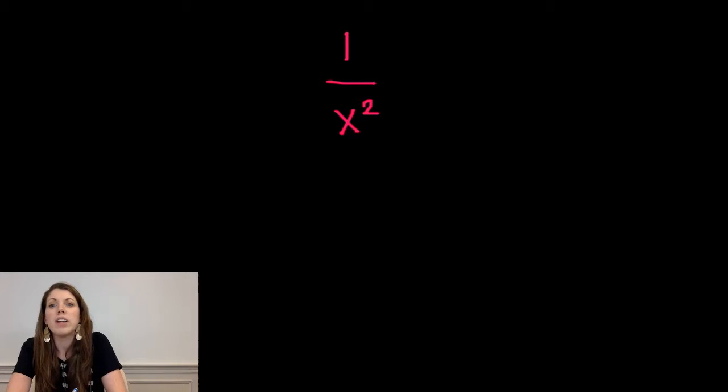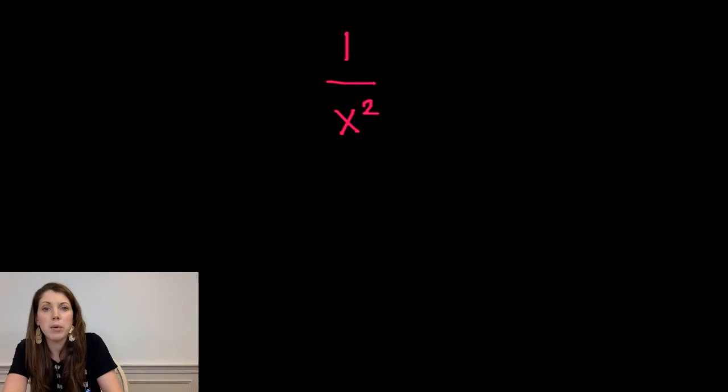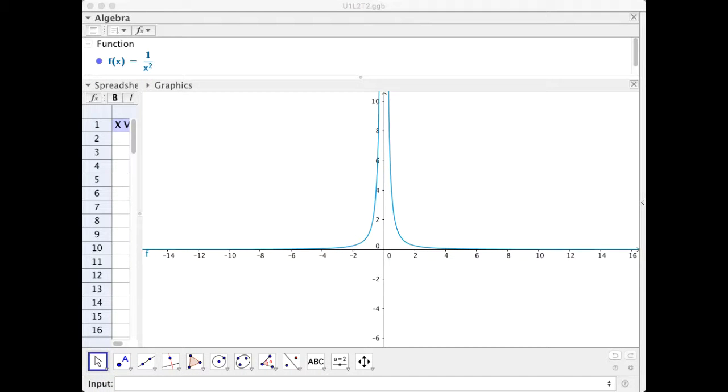What we're discussing right now is the function 1 over x squared. And we want to think about how we can label what we see. Remember, what we see is this volcano-like shape going up, up, up, and then from the right it's coming back and going up, up, up towards infinity.